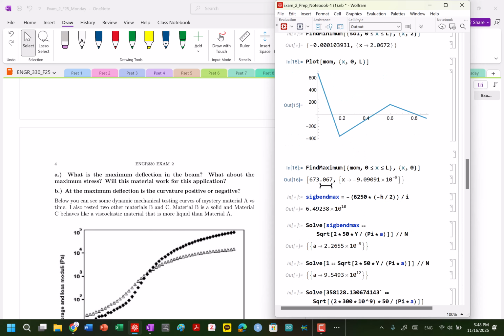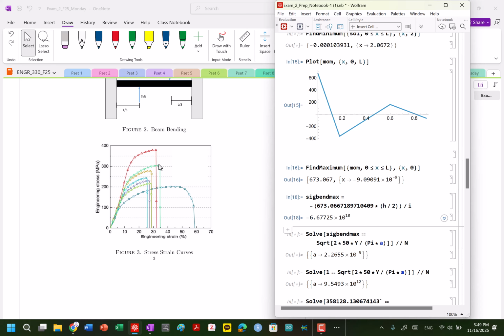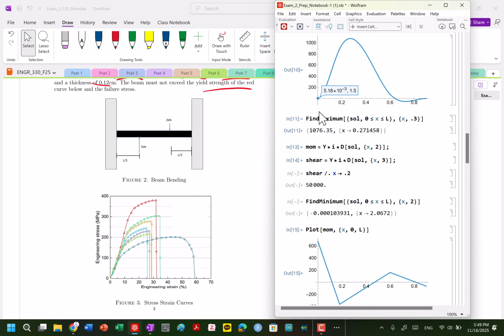Maximum stress. So sigma max, we're going to take it positive here, times h over 2, and then here. So that is going to be about, makes sense. Is that negative making sense?